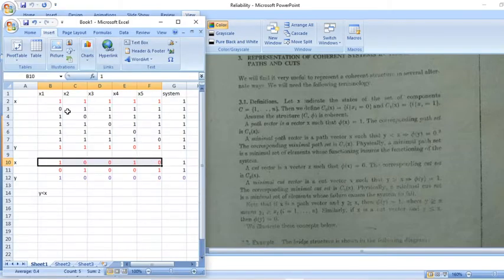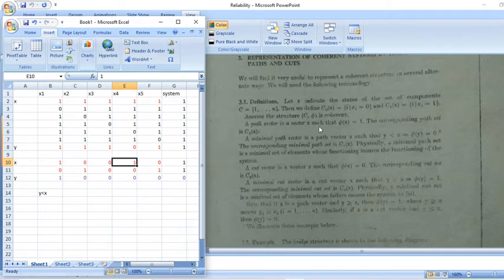In this case, C0 of x is 2, 3, 5. Another set is C1 of x, the set of all i such that xi equals 1. The members of C1 are 1 and 4.